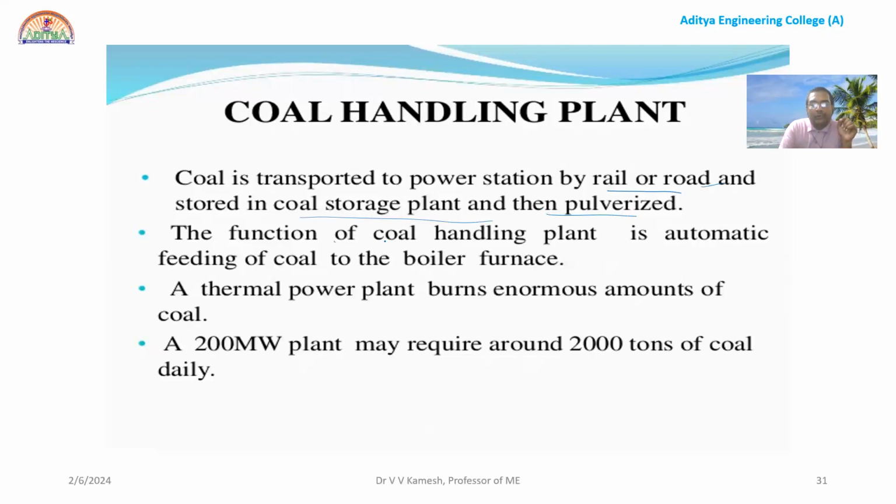And the function of the coal handling plant is automatic feeding of coal to the boiler furnace. So there will be some electrical systems and transportation systems. So directly you can feed the coal directly to the boiler. A thermal power plant burns enormous amounts of coal. Example, 200 megawatt power plant may require around 2000 tons.